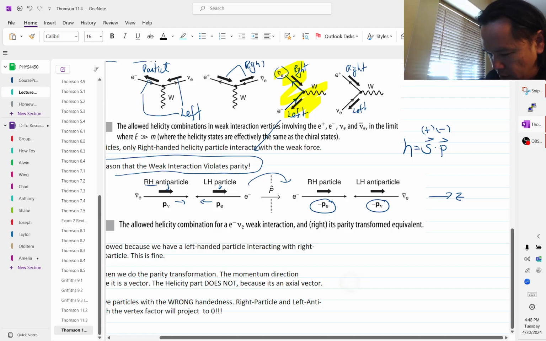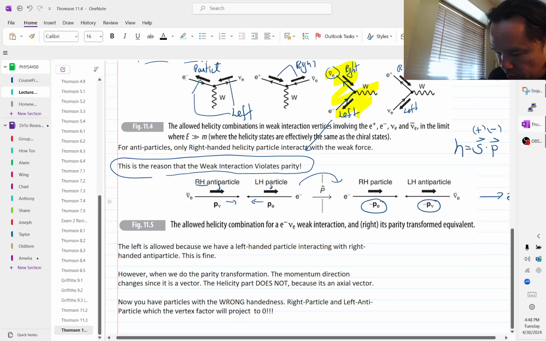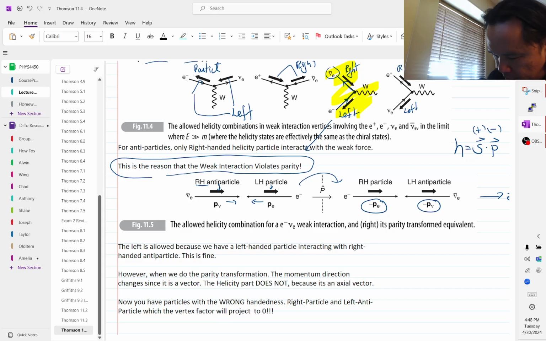When you flip the directions using parity, the helicity does not change.